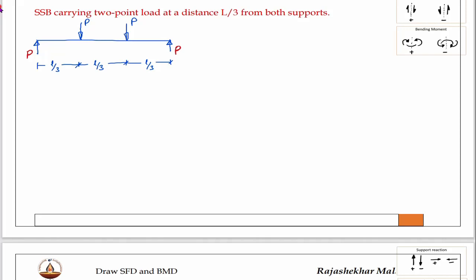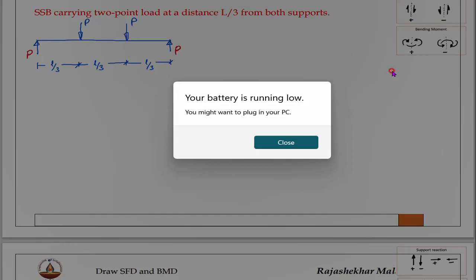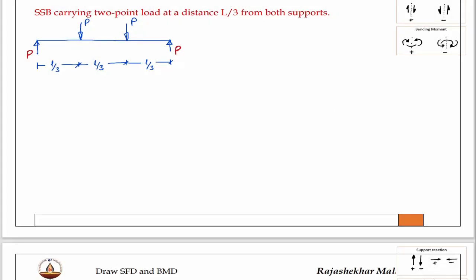Okay, now we'll call this point A, this point B, this is C, and this is D. Okay. Now we have to draw the shear force diagram, and all loads are point loads.